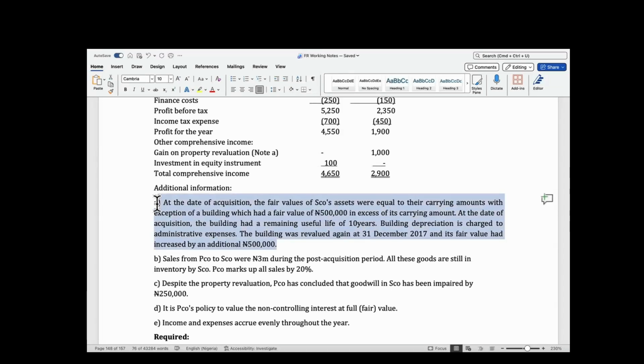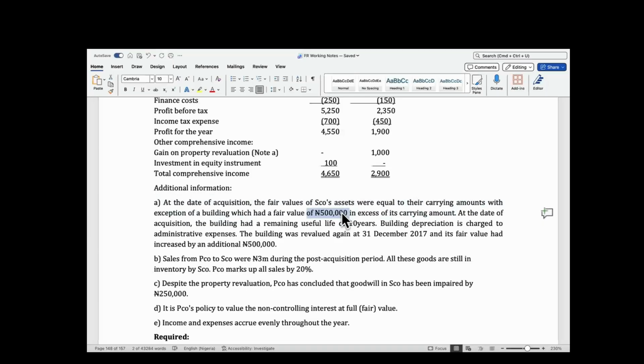So it says that at the date of acquisition, the fair values of ESCO's assets were equal to their carrying amounts, with the exception of a building, which had a fair value of 500,000 in excess of its carrying amounts. So this we have seen before, and this is a pre-acquisition reserve.